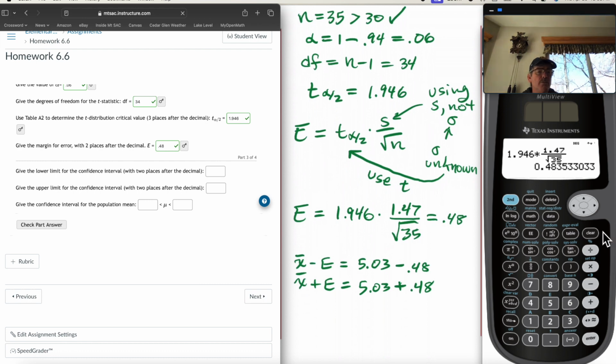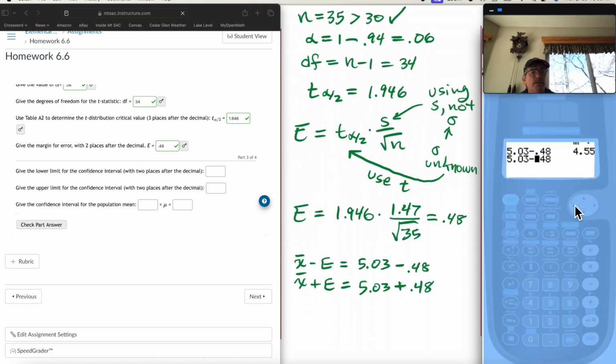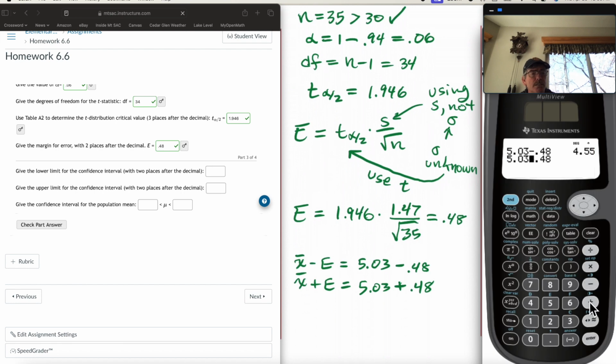Okay, so let's do that. Okay, so here's our lower limit, and then I'm just going to copy paste that and change it to a plus.